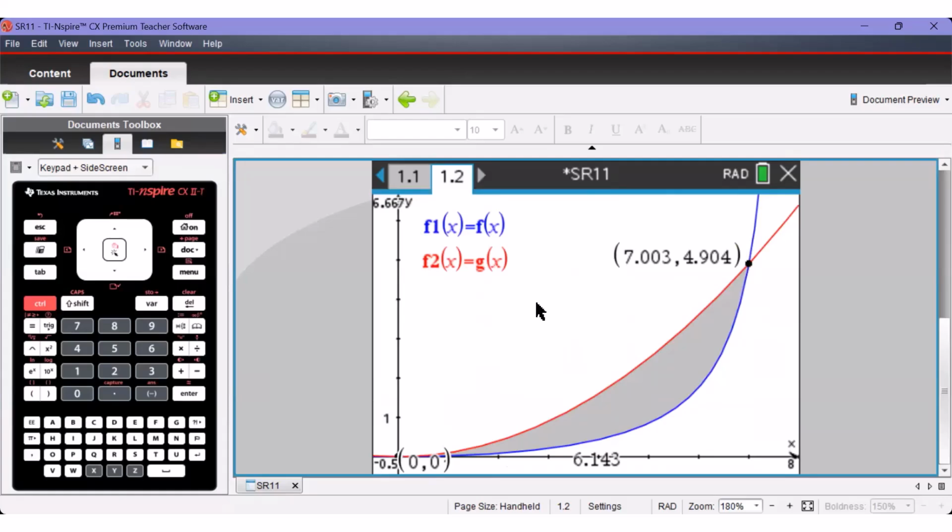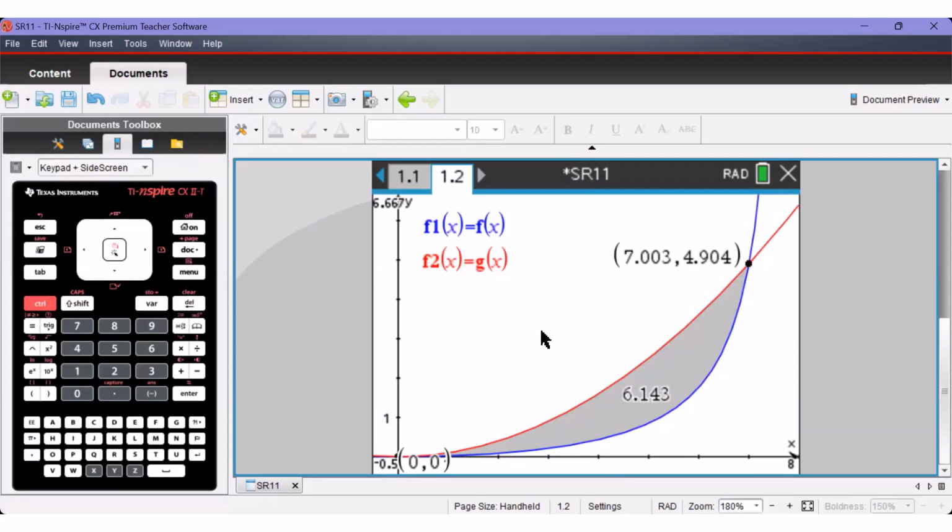And we can also see at the bottom of the screen, a number has appeared, and that is a measure of the area of the shaded region. So we've been able to find that quite readily. The area of the shaded region, correct to 2 decimal places, is 6.14.